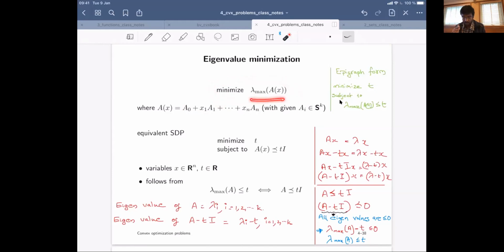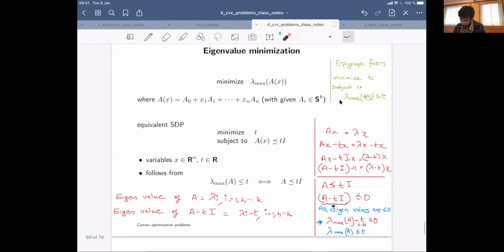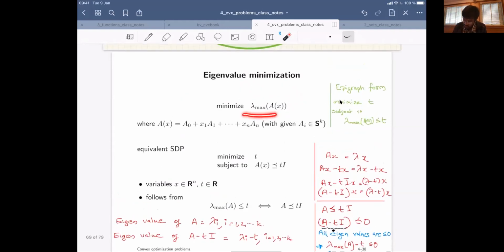But now we can apply some tricks. Since it has a complicated function in the objective, we will just use the epigraph form, which we already saw.